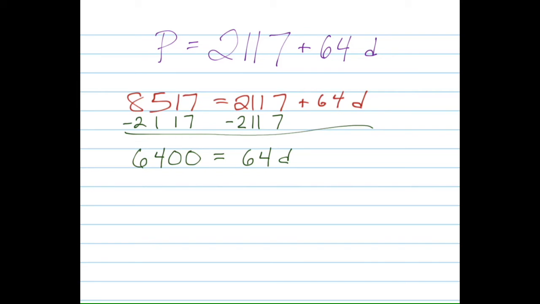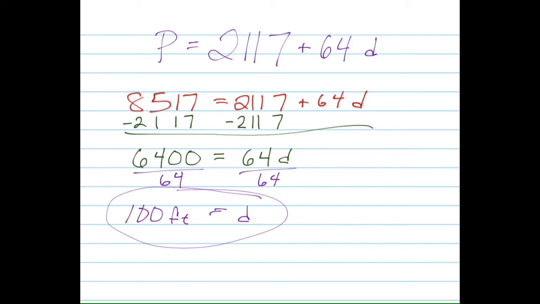What do we do next? We divide by 64. So what's his depth? 100 what? Feet. So we've been dealing with a depth measured in feet. What would be our last step? Check it. I'll let you do that on your own. There's our answer for that problem. Any questions?